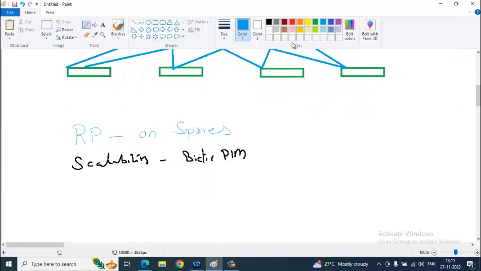And in order to have redundancy, if you want to have redundancy, you may use bidirectional PIM along with Anycast RP. Means this is an option to enable.